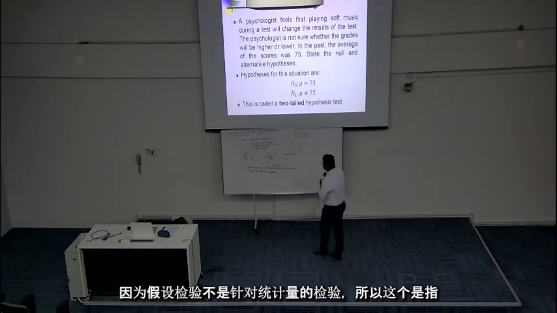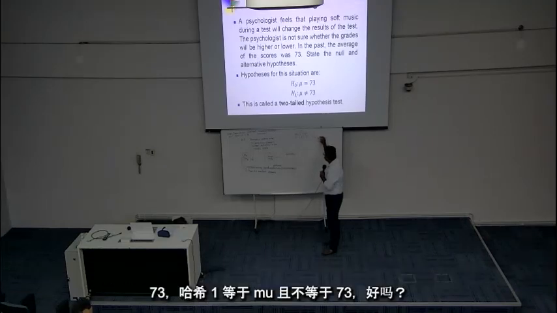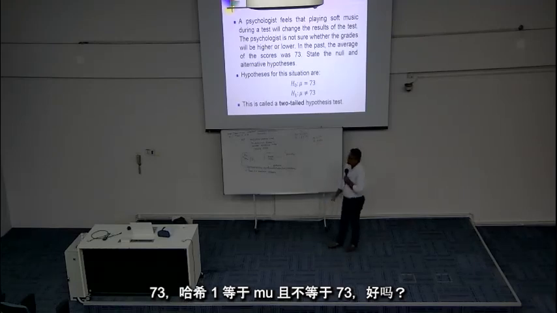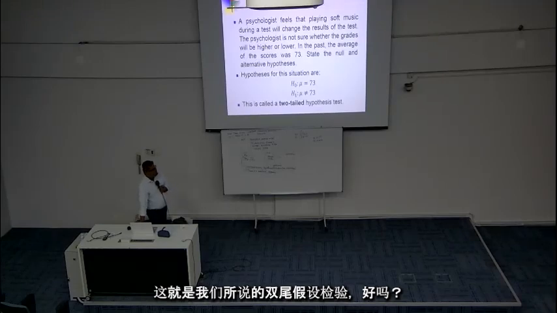Because hypothesis tests are not about the statistic; X bar refers to the sample, not the population. So the correct one is always H null: mu equals 73, and H1: mu is not equal to 73. This is what we call a two-tailed hypothesis test.